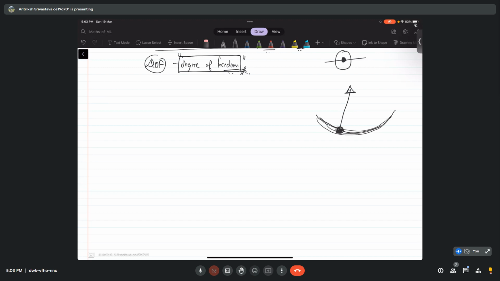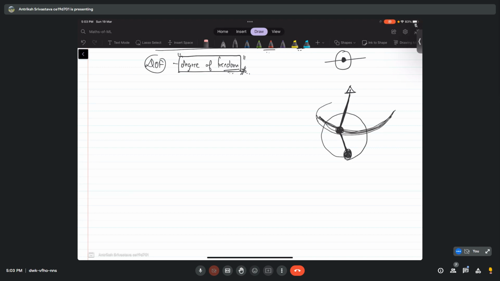Now if I make this a rod, and I add another spring or another rod to it, and this is the point, and I want to know the position of this point. So you just imagine how difficult it is. As we increase the degree of freedom, this point can first rotate around this, and this point can rotate around this.